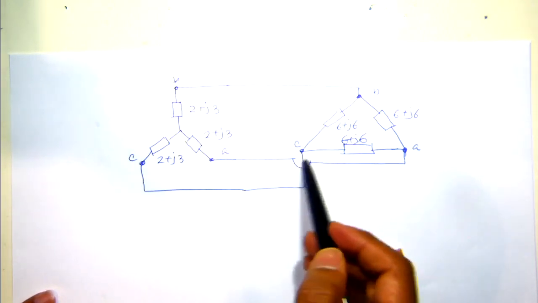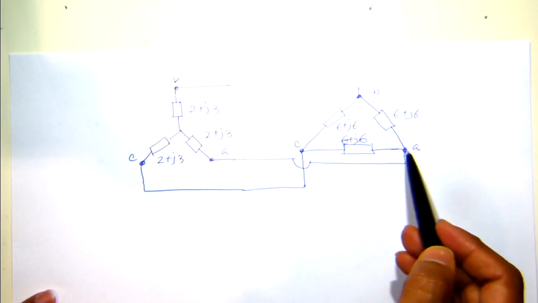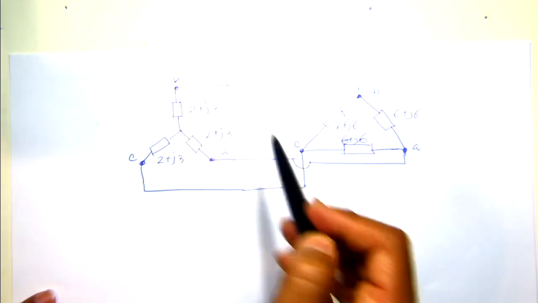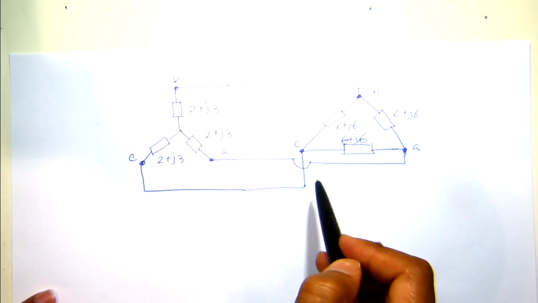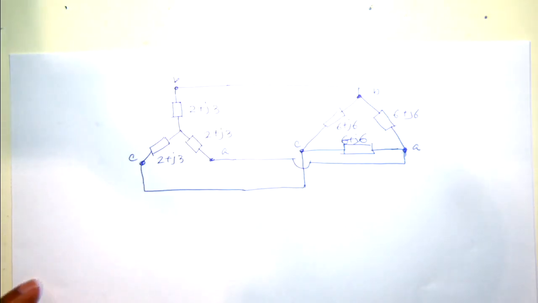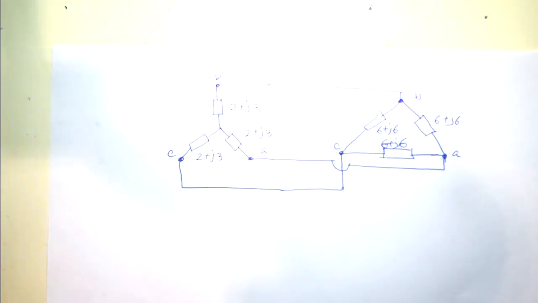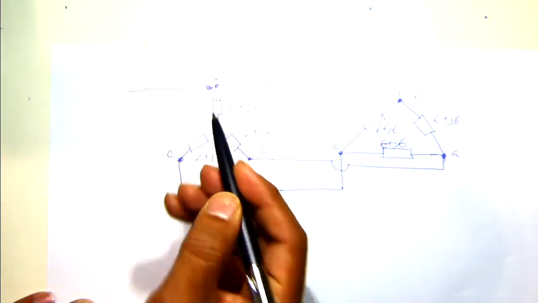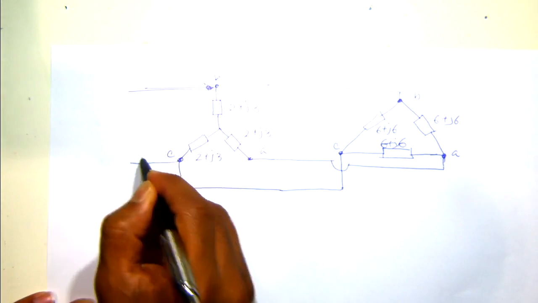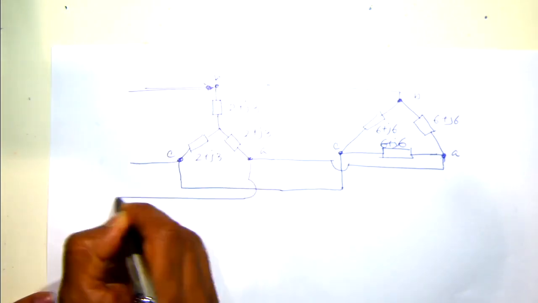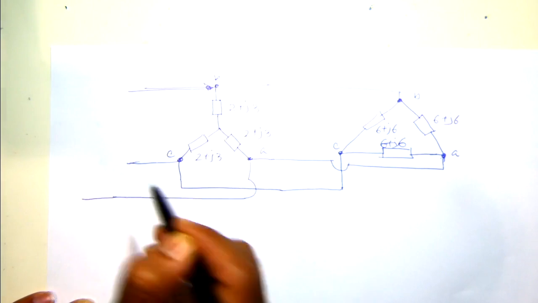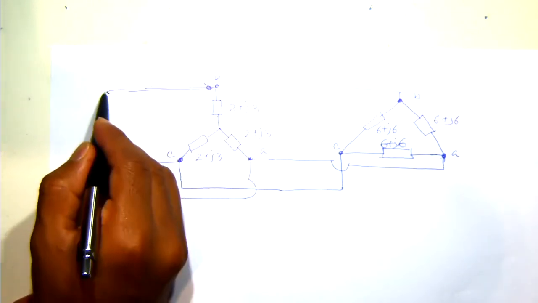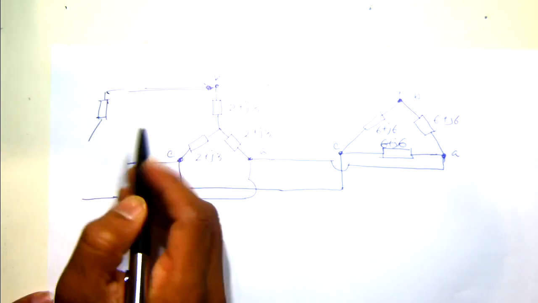When you see this connection, I just wanted to make sure that phase A is connected to phase A, B with B, C with C. That's why we make it like this. And the other point is that they are connected to a source. When we say source, the generator is usually connected in a Y connection.